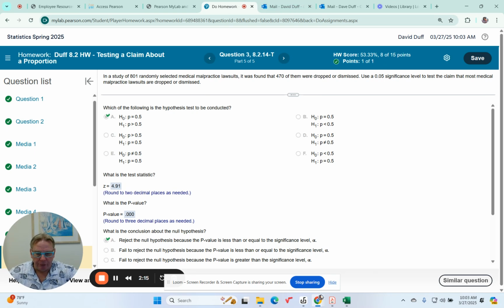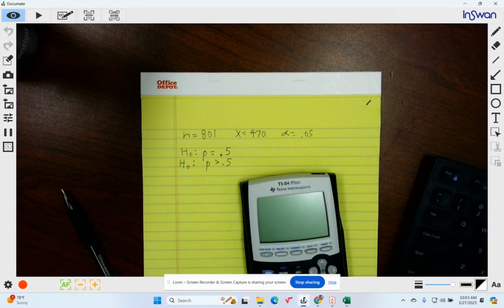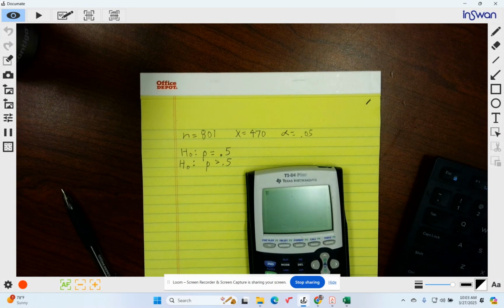So let me just show you what I've written down. So right now I'm just extracting data. All right, we have x is 470. And by the way, we could get p hat too, right? P hat is just going to be x divided by n. Like how many out of 801 were dismissed?